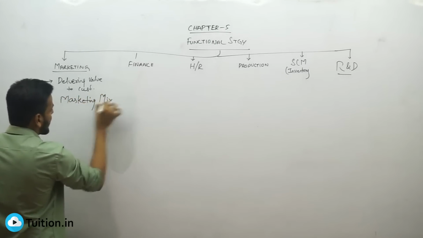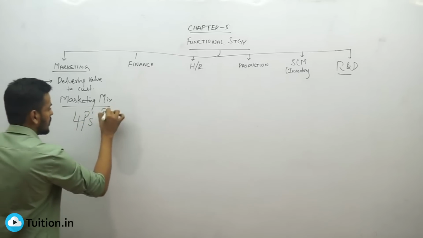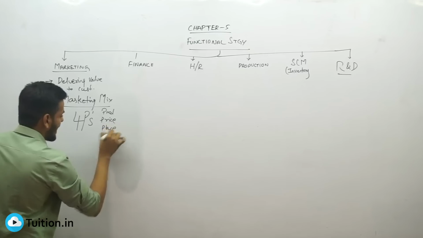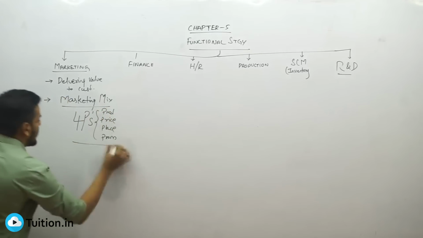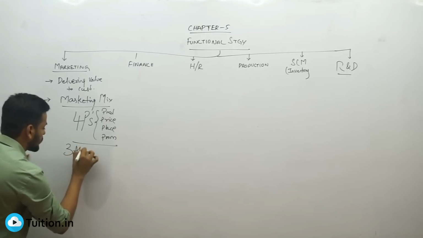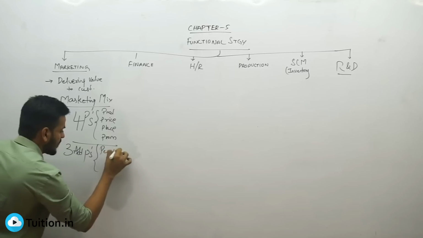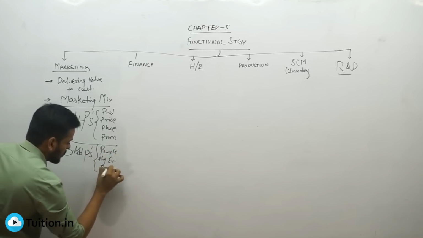Marketing mix talks about the 4 P's, right? Product, price, place and promotion, right? With the latest addition, we have 3 additional P's, that is people, physical evidence and process.